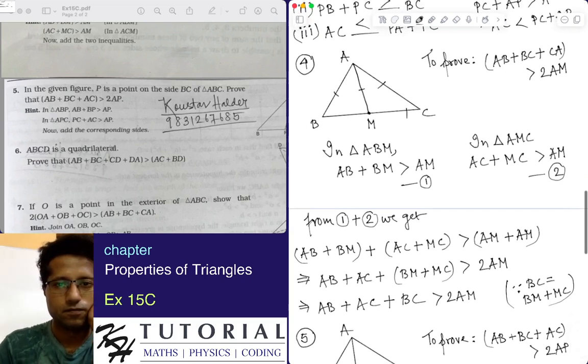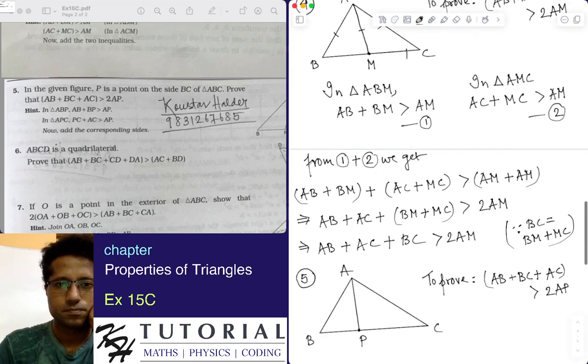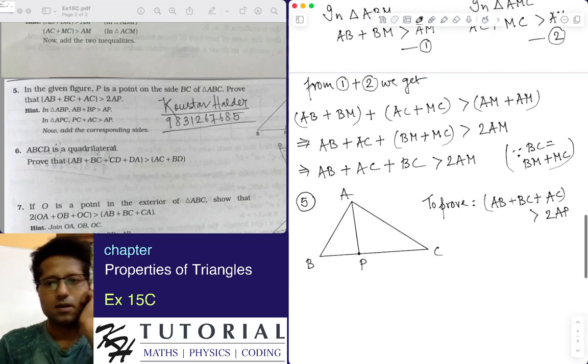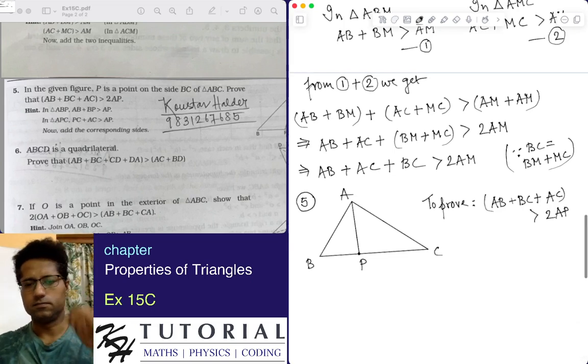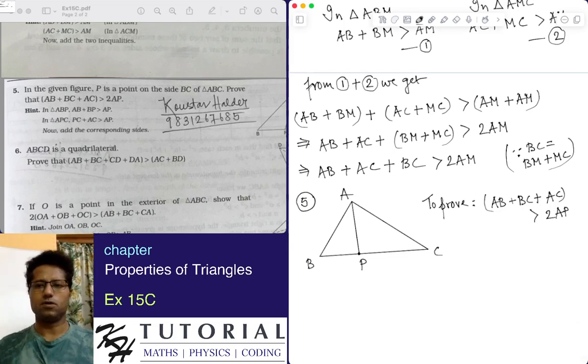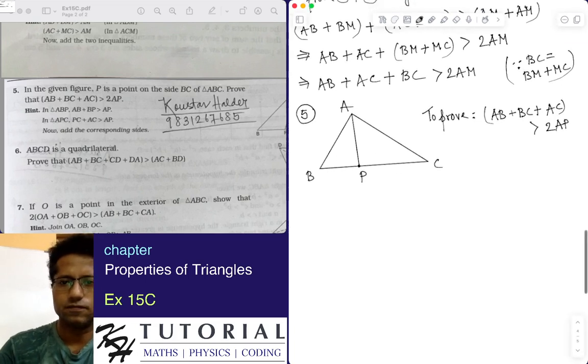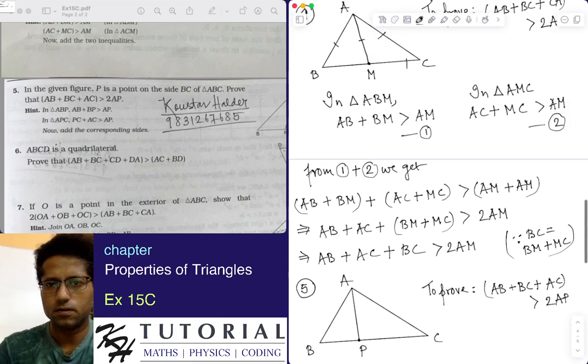In problem number 5, P is just any point on the side BC of the triangle ABC. I think the solution will be the same as problem number 4.